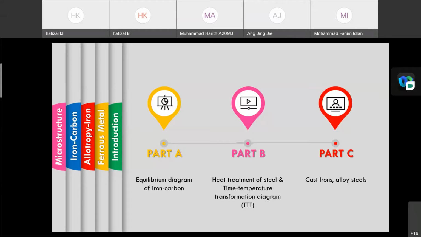Then part B, we have heat treatment of steel and the time temperature transformation diagram, which we call the TTT diagram. This one is also related to the iron-carbon phase diagram. It is an extension of the iron-carbon phase diagram, and we look at a different phase diagram, called the time temperature transformation diagram.